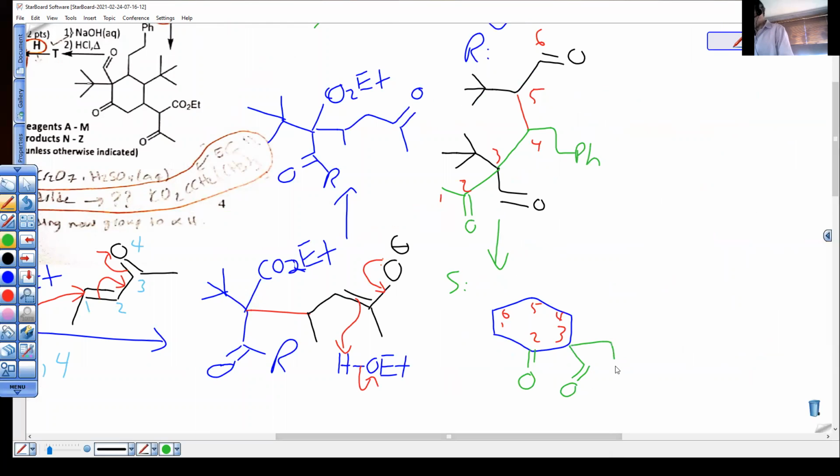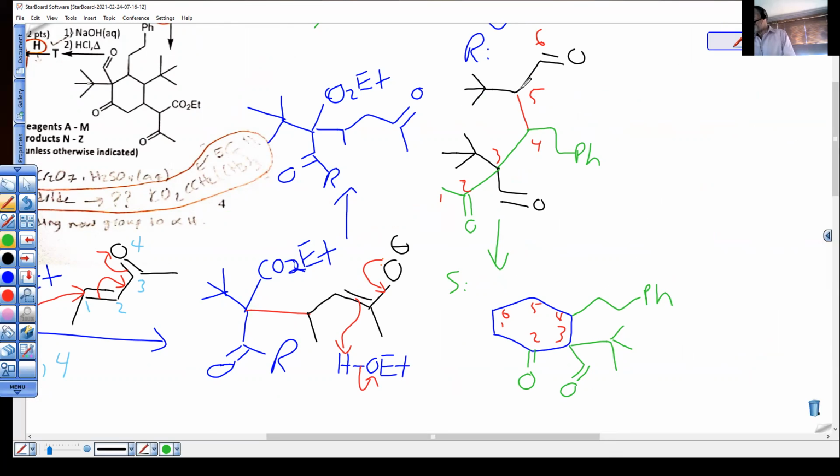Everything's becoming green all of a sudden. Carbon 4 had not a benzyl, but a benzyl with an extra C. Did you know that's called homobenzyl? You didn't need to know that. That there's a homobenzyl group.